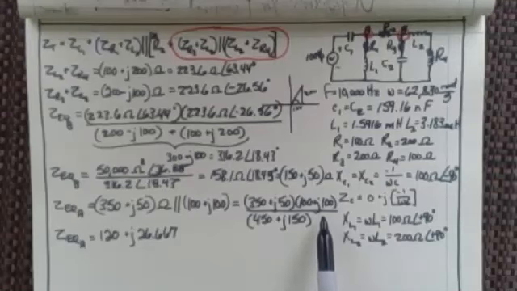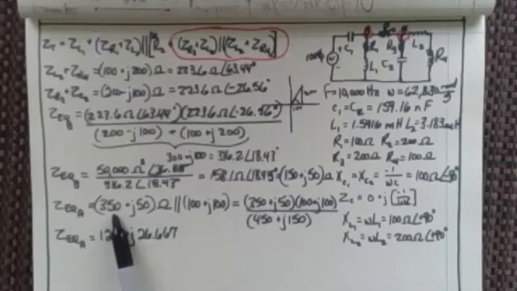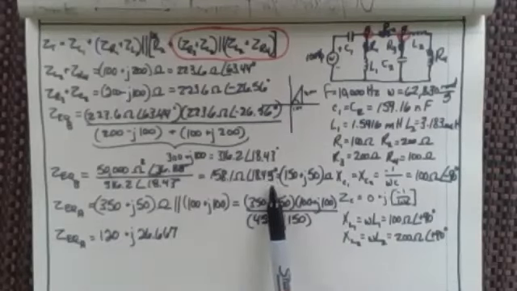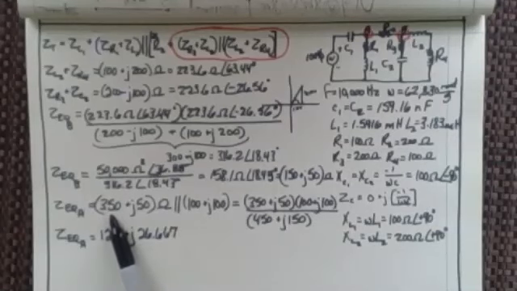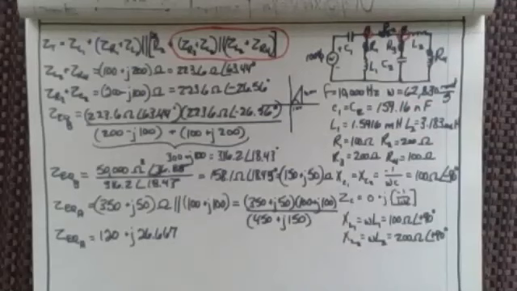Wait a second. I should have gotten 250, shouldn't I? Where's that 3? Just a second. I'm just looking at this. I think I took it off the wrong place. Oh no, that is right. Right before you get to it, it is going to be 120 plus J26.66.